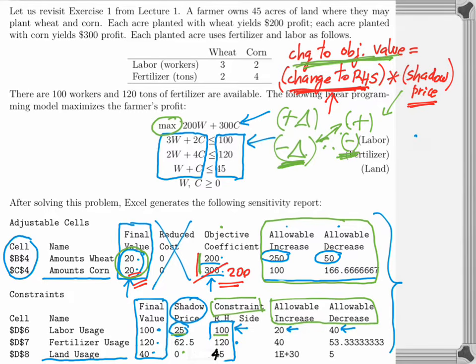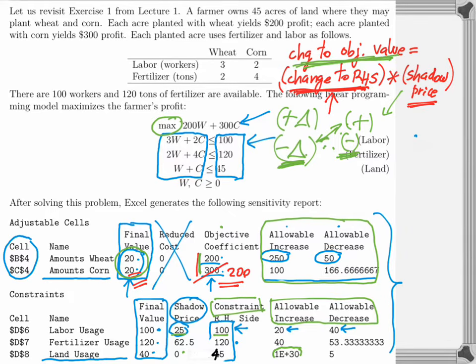So having more land is worth no money to you at the moment. That's why this increase here is this 1e+30, which is basically plus infinity. Even if you gave me a ton more land, that would bring no improvement to my profit.